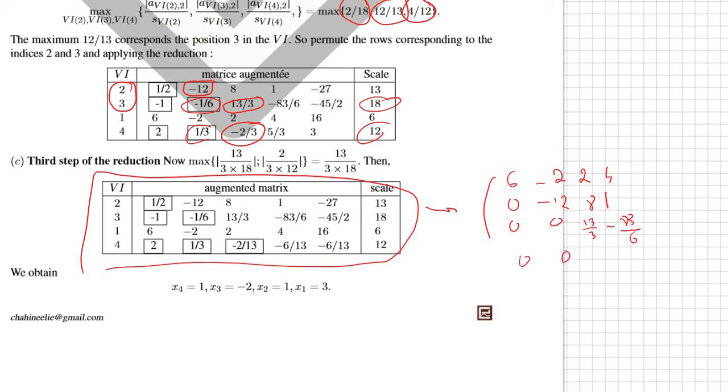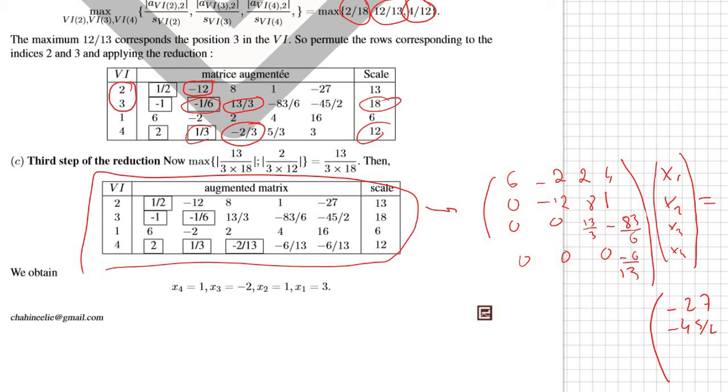Finally 0, 0, 0, and minus 6 over 13, multiplied by x1, x2, x3, x4. This is 83 in here, and equals, on the right hand side, minus 27, minus 45 over 2, 6, and 12. And then to solve the system, you will proceed as we discussed before.